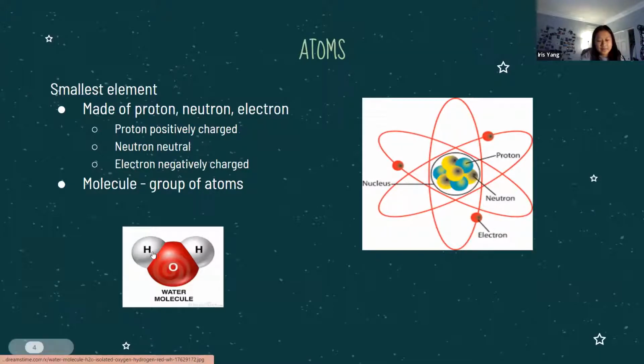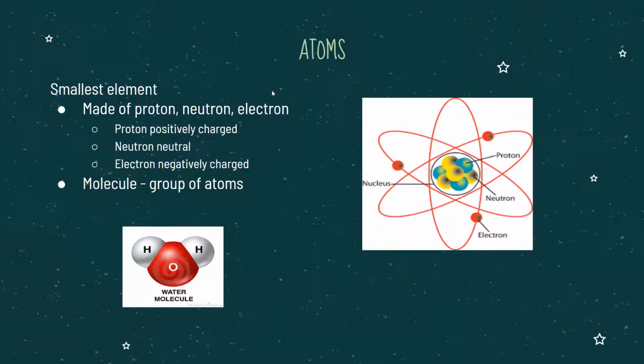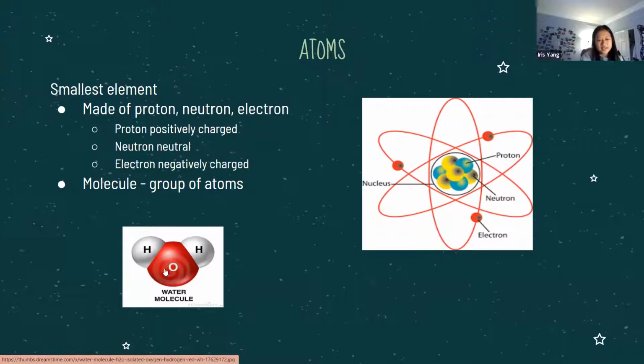I know we have the abbreviation for this, but does anyone know what the actual atoms that make it up are? Yeah, Angela, go ahead and answer. Hydrogen and oxygen. Yeah, so hydrogen is the H and oxygen is the O. Hydrogen and oxygen are both atoms, and they make up the molecule of water.